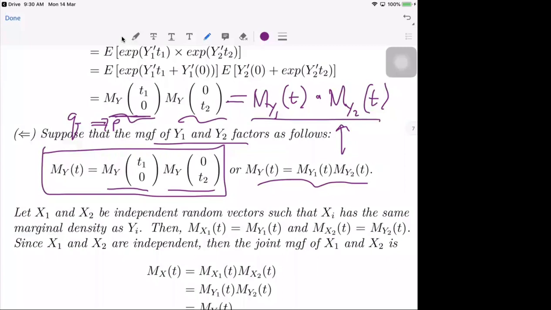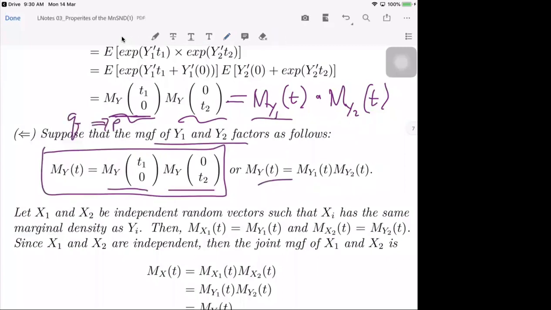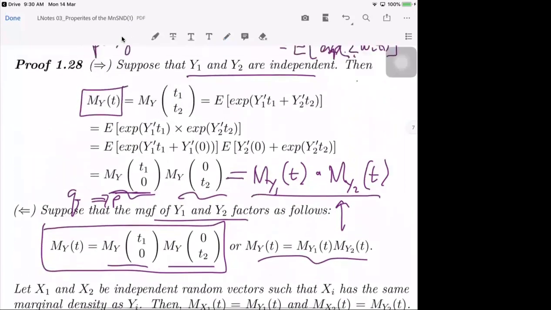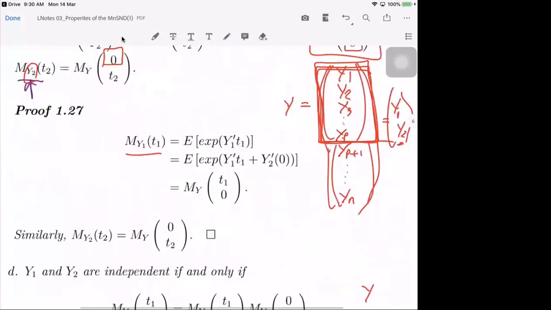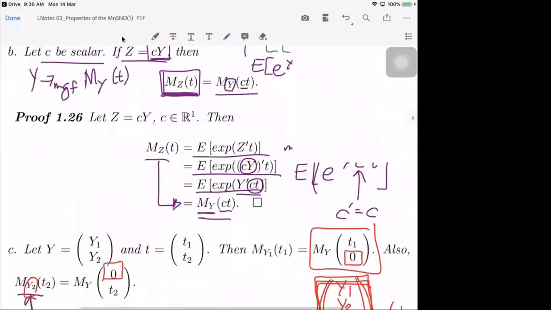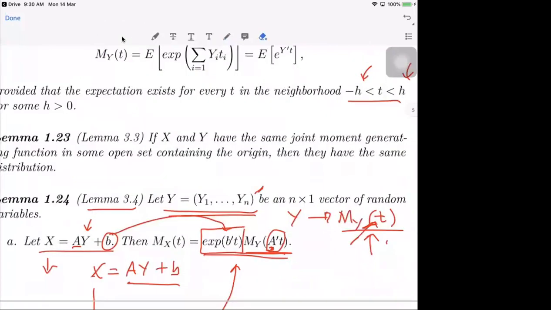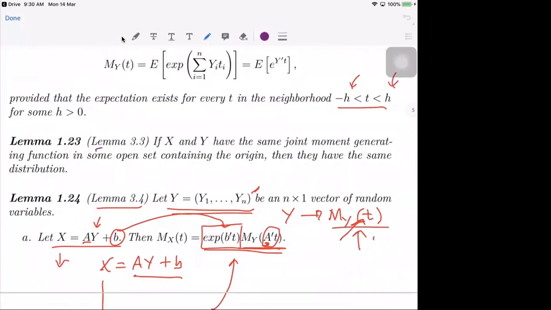Here we will use a lemma. What lemma is that? We will use this one, lemma 3.3: if x and y have the same moment generating function, then they have the same distribution.